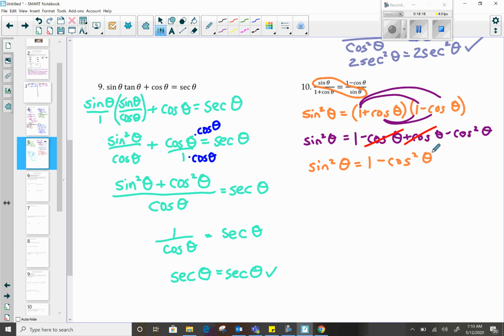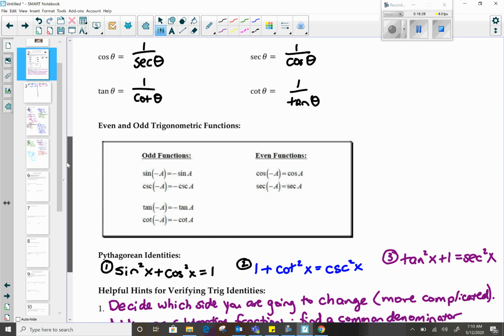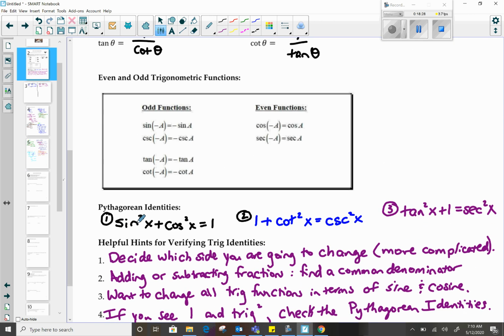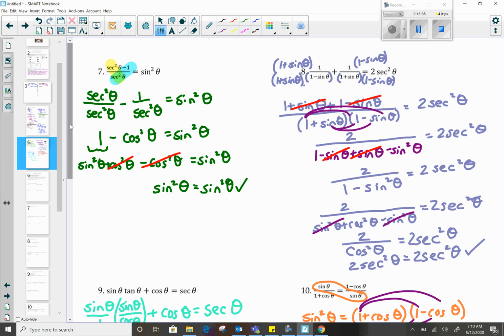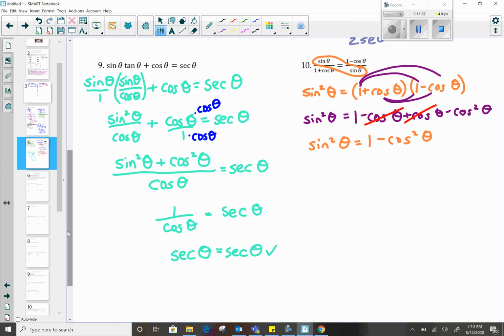Okay, there's a 1, and there's trig function squared. So I'm going to look to my Pythagorean identities. Let's see, it's going to be that first one again. I'm going to replace the 1 with sine squared plus cosine squared.